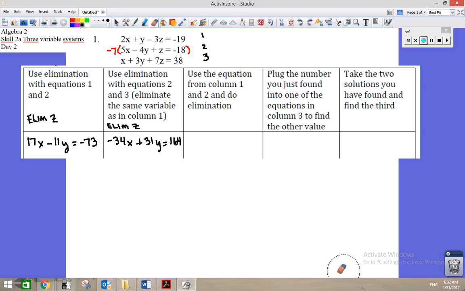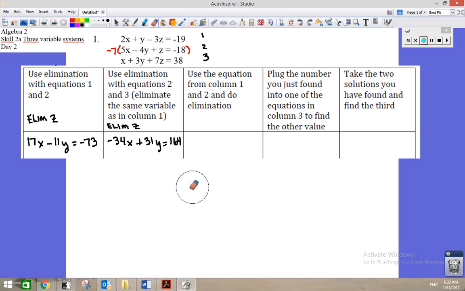So now it's telling us to use the equation from column 1 and the equation from column 2 and do elimination. I really don't see an advantage of eliminating the x's or eliminating the y's, to tell you the truth.